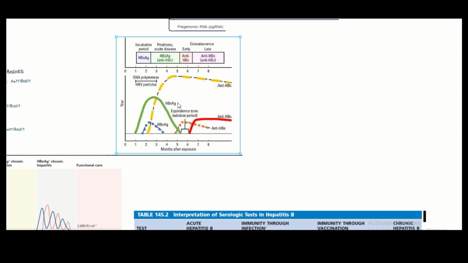These two indicators indicate that we have the virus in our body, which is indicated by HBs antigen, and that it is replicating actively, which is indicated by HBe antigen.